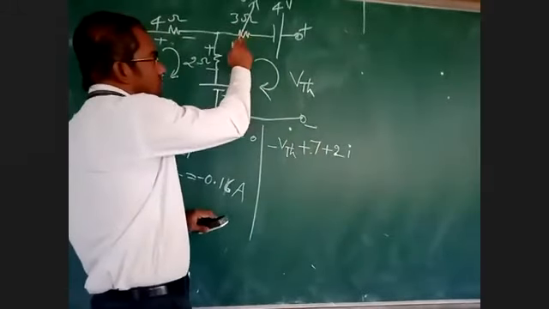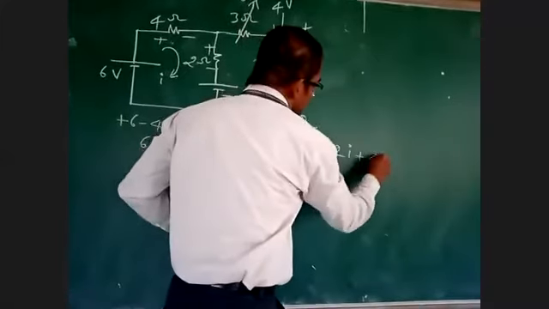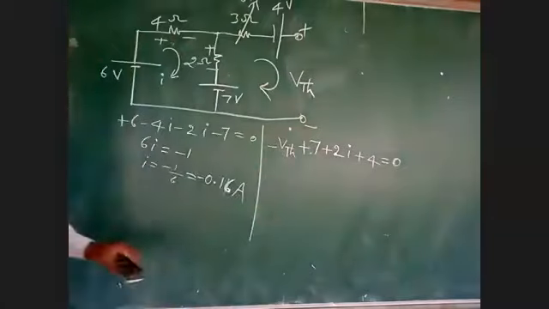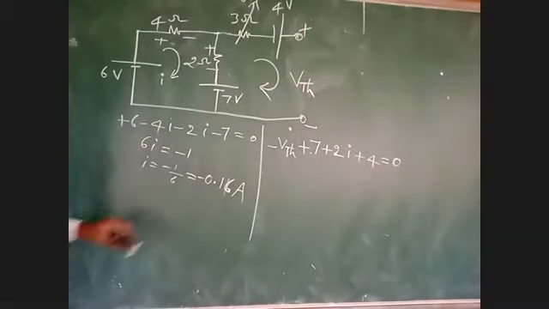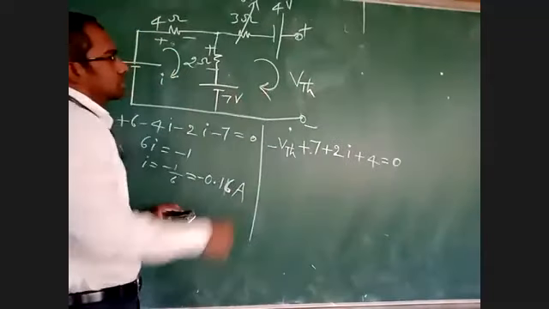In this branch, it is 0 voltage. Minus to plus, plus 4 is equal to 0. The algebraic sum of all voltages in the loop is equal to 0. I am considering only voltage, because the current is 0.